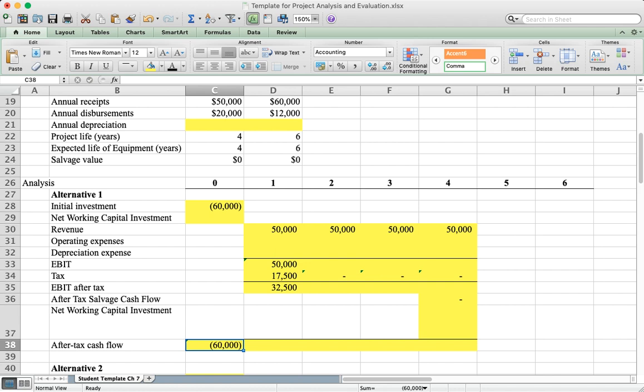And then this one, the years 1 through n minus 1. So if n is the last year, this formula won't work for it. But for years 1 through 3, I'm going to go ahead and equal the EBIT after tax value. Oh, no, I'm not. Hmm.